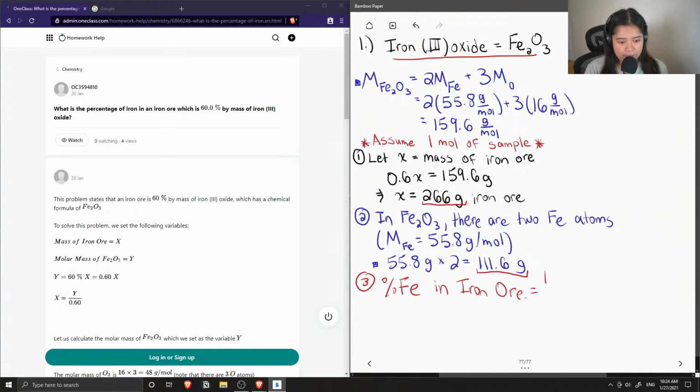So we take the mass of our iron, which is 111.6 grams, and we divide that by the mass of iron ore, which is 266 grams. And if you multiply this by 100, we can get the percentage, which is 41.95%.